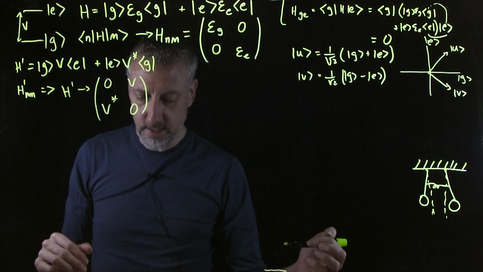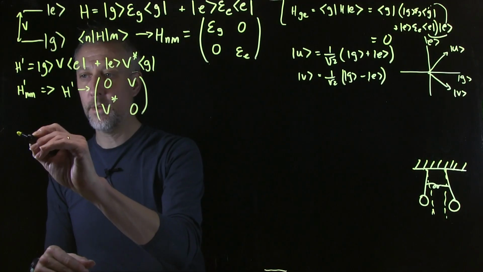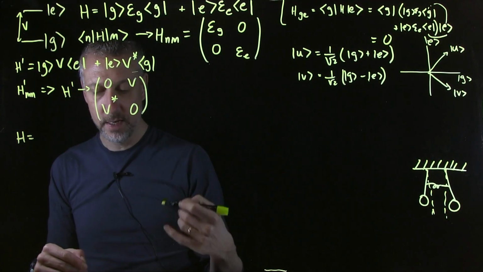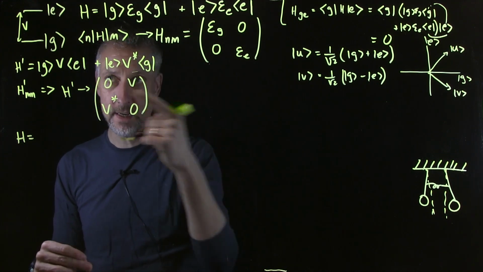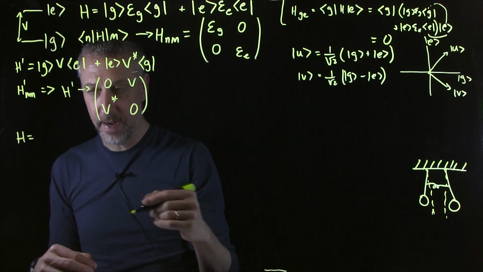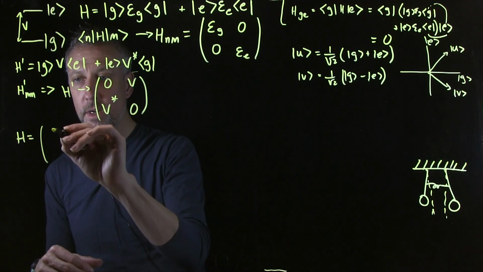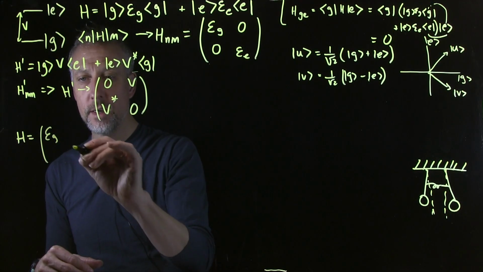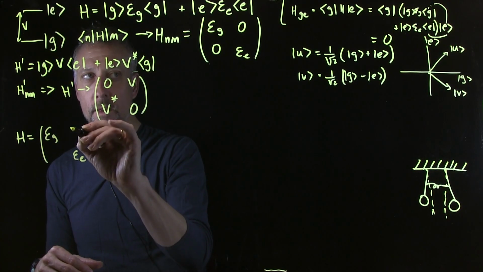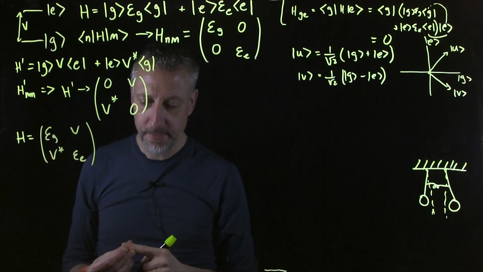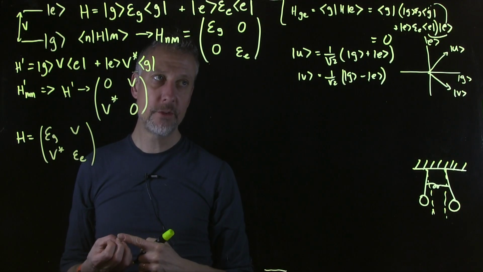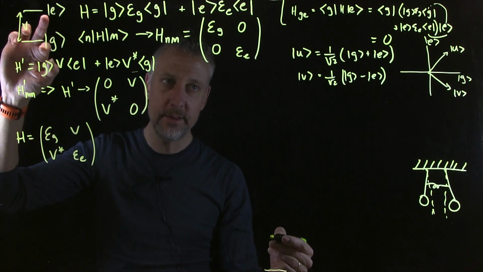Okay, so let's take a look at this. Now we have the whole Hamiltonian together. So H is going to be the Hamiltonian for the diagonal, meaning the field-free case, the case with no V, and then the one when we add the potential. All right, so that's going to be epsilon G, epsilon E, V, and V star. Okay, and remember that the basis we've chosen is the GE basis.